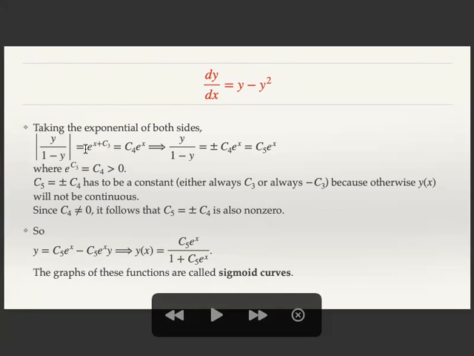And again, we have to take the exponential of both sides. On the right-hand side, I have e raised to the x plus c3. Then e raised to a sum of two things is equal to e to the first thing times e to the second thing. So e to the x plus c3 is the same as e to the x times e to the c3.